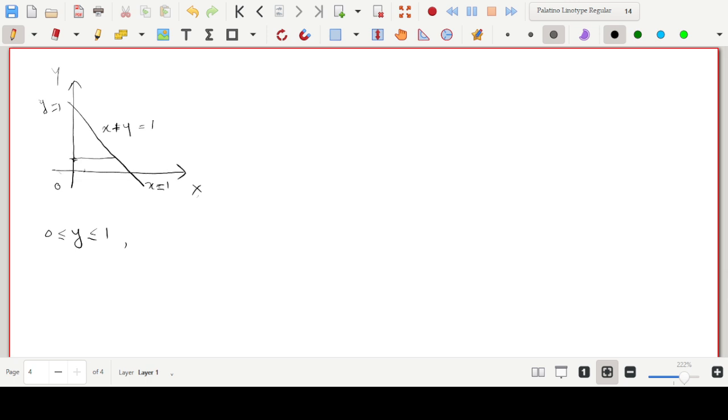If this is a fixed y, then x varies from 0 to, what is this? This is 1 minus y.